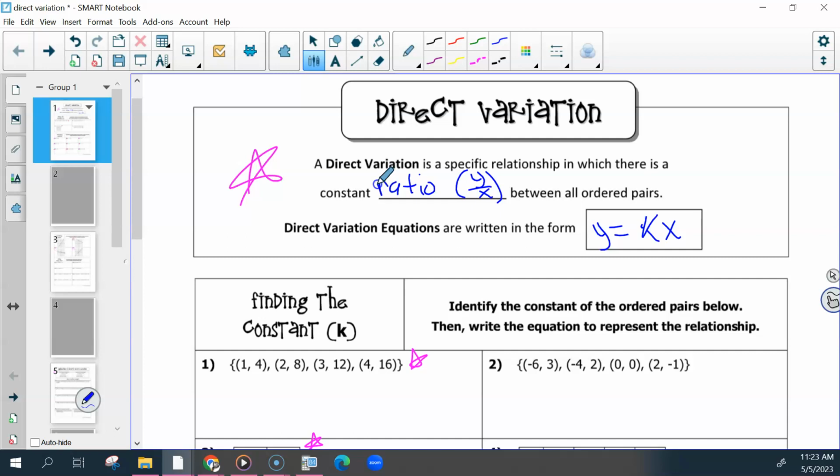You can use the direct variation equation format to find your k if you forget. I'm going to write that again on the side. To solve for k, we would divide both sides by x, which is how we find our constant k.